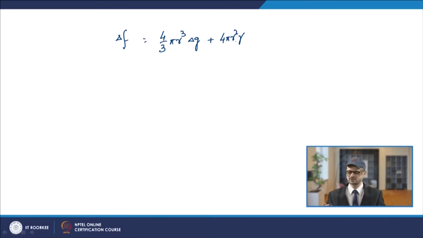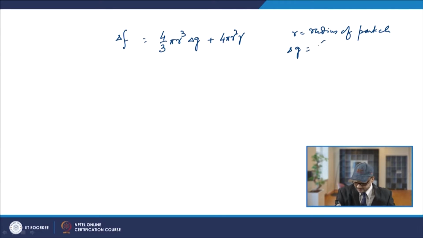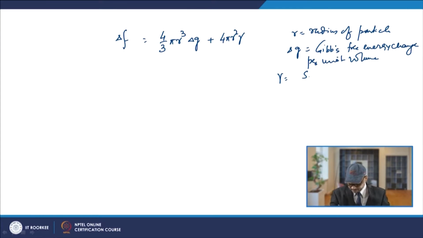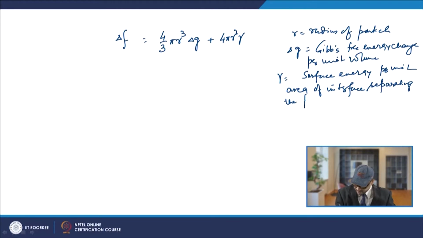Here r is the radius of the particle, delta G is the Gibbs free energy change per unit volume, and gamma is the surface energy per unit area of the interface separating the parent and product phase.